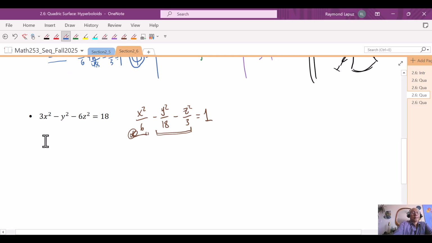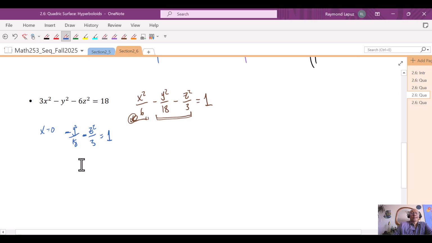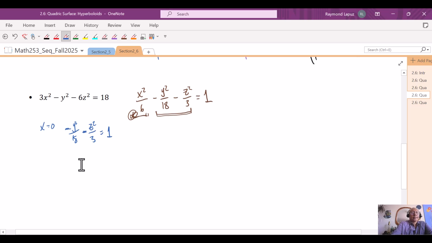So when x is equal to 0, we're going to have negative y squared over 18 minus z squared over 3 is equal to positive 1. Now this is an issue because on the left hand side we have a negative quantity, and on the right hand side we have a positive 1. So this will never work for us. So there's nothing that exists on the YZ plane.